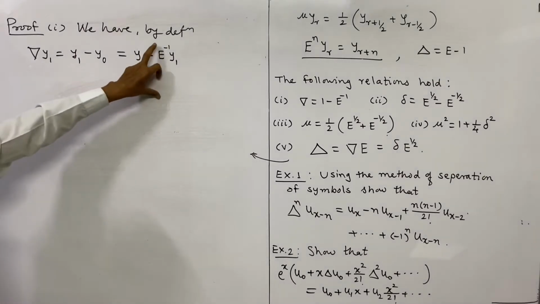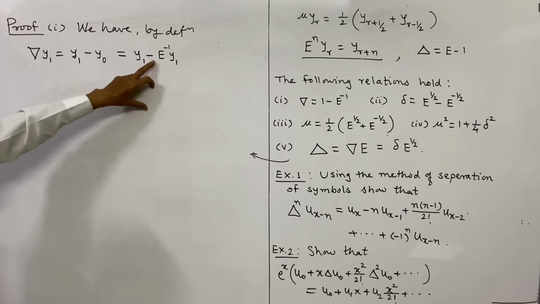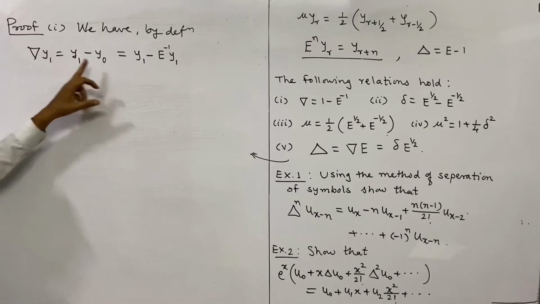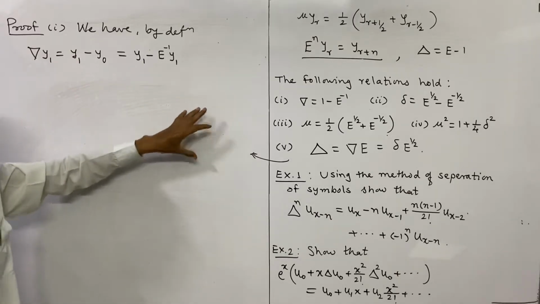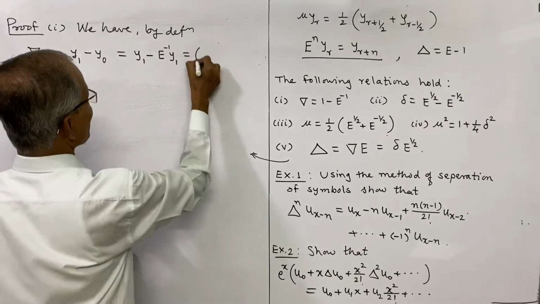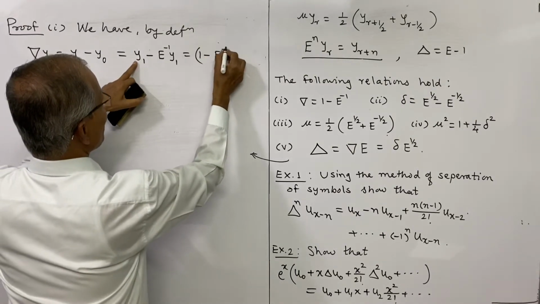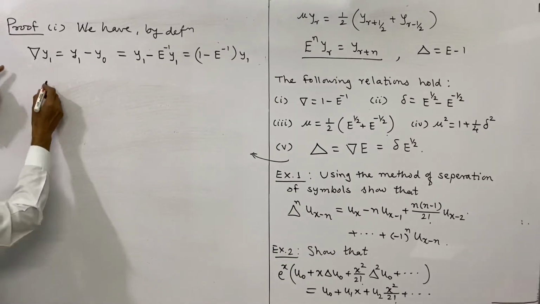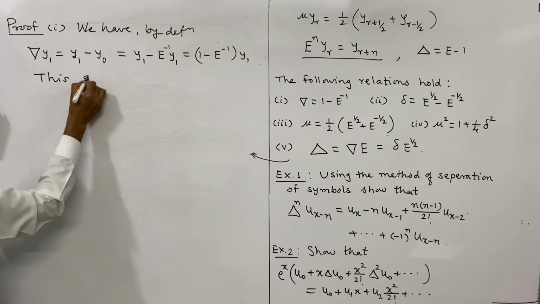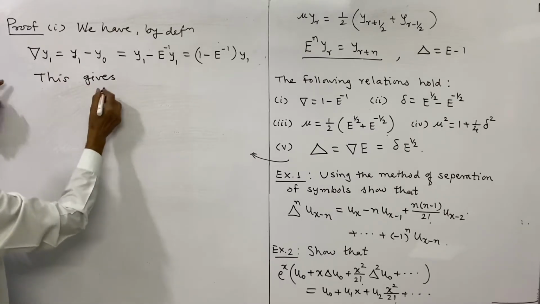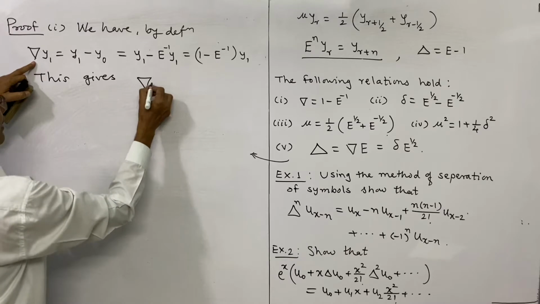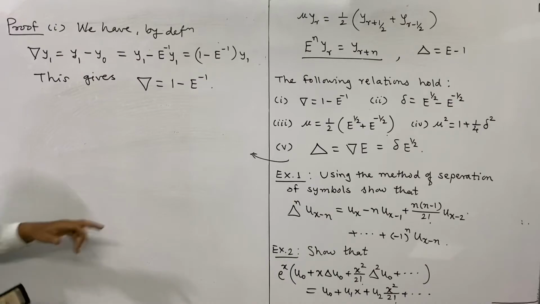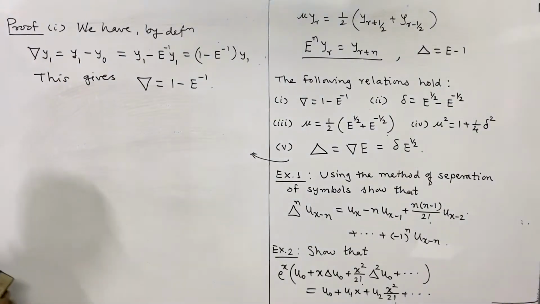Now you see, this is y1 minus y0, y1 is as it is, and y0 we are changing because we have y1 on the left side, so the right side should be written in terms of y1. Now we can take y1 common, 1 minus E to the power minus 1 on y1, and now equating the first and the last we get the relation. So this gives del is equal to 1 minus E to the power minus 1. That is the first result. So it is easy to obtain these results.